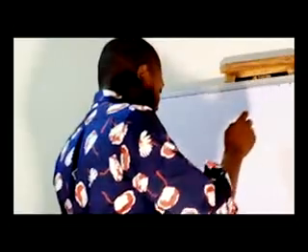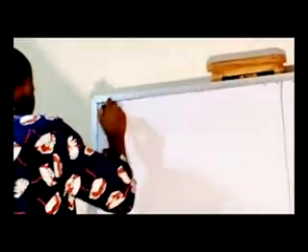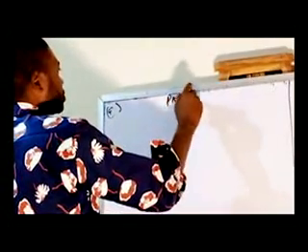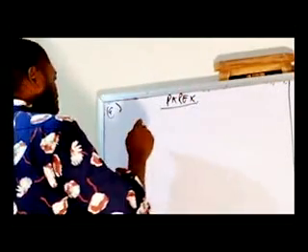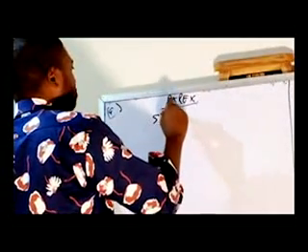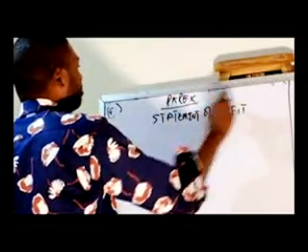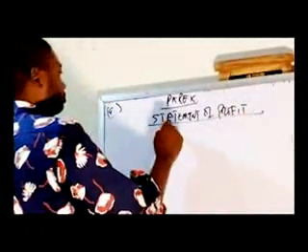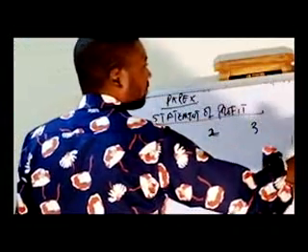Now let's go to the A part of the question. The A part says we should calculate a statement of profit for the company, Parkex.